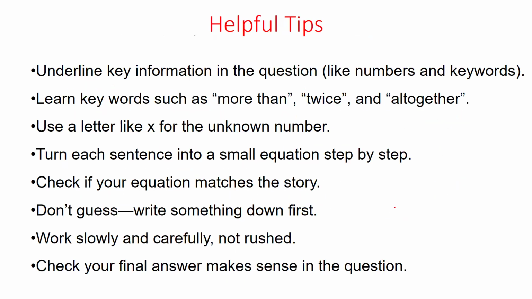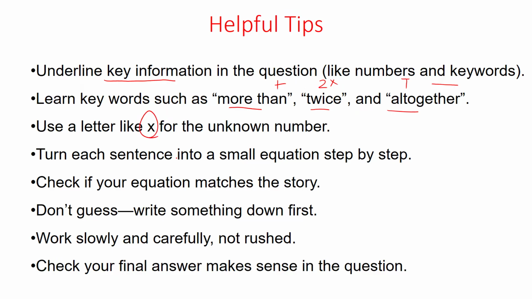And here are some tips. When you read the question, underline the key information as I have been doing, the keywords, what they're asking for. Translate what words mean mathematically: more than means plus, twice means multiplying, total means adding it all together. Use the letter X for the unknown, but you can use any letter you're comfortable with.